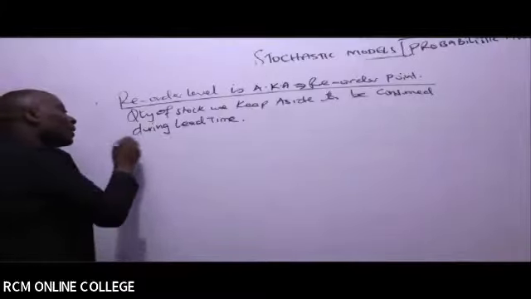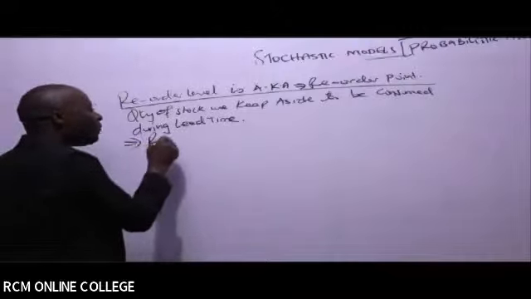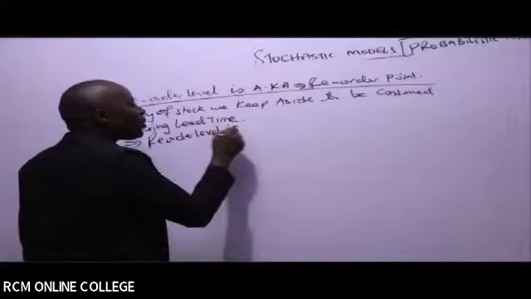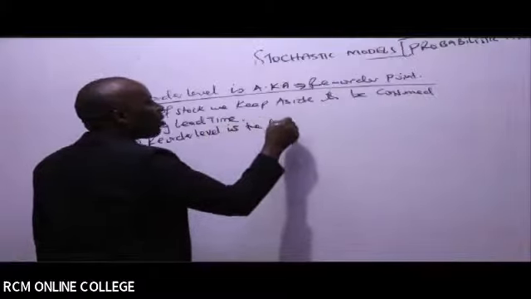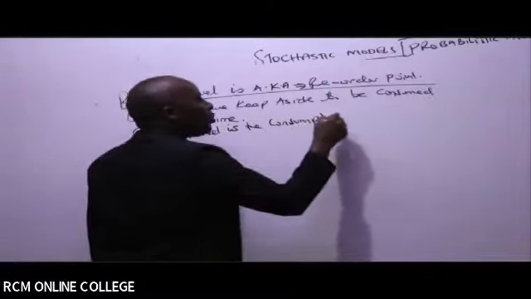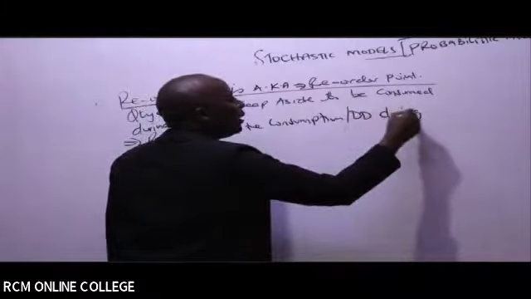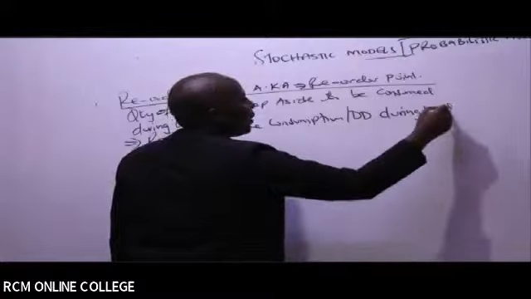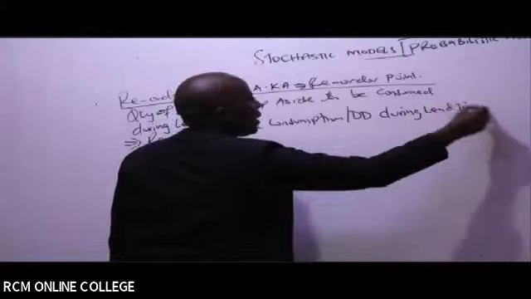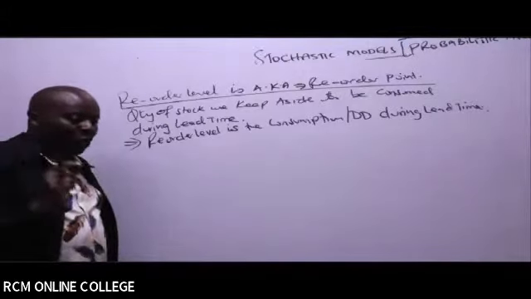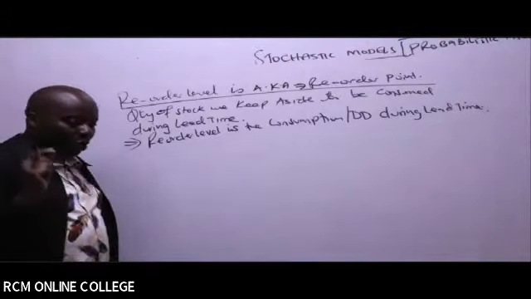And that is why we normally say that reorder level is the consumption or demand during lead time. That consumption during lead time is what we call reorder level or reorder point.